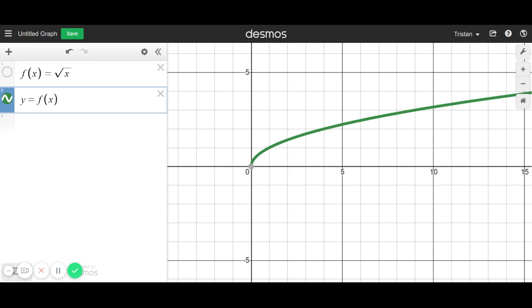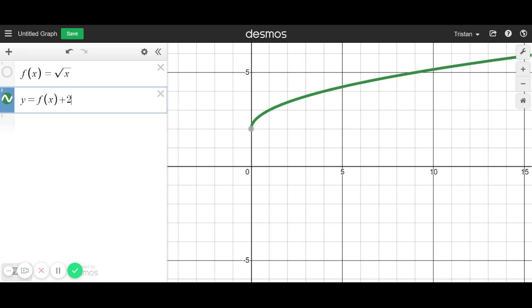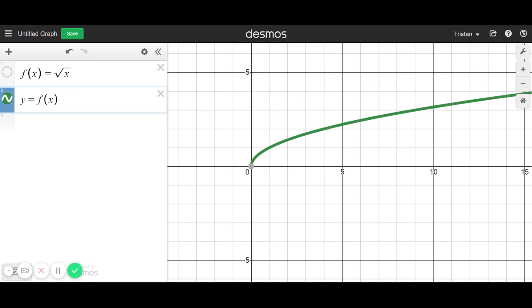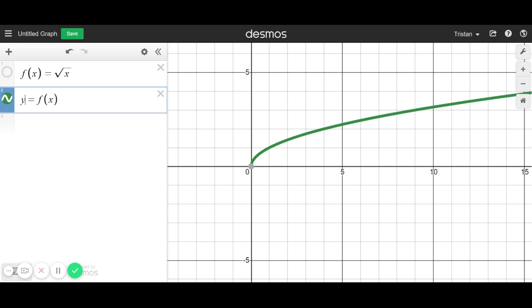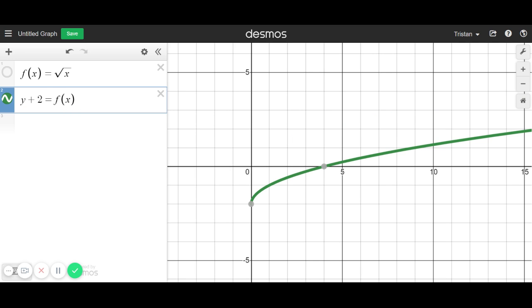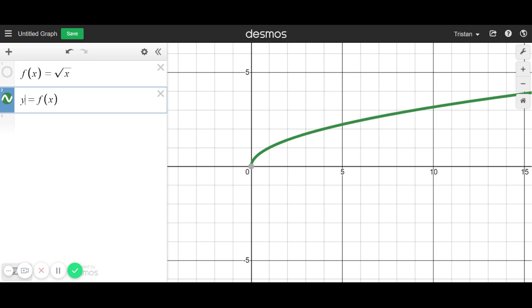Notice that if I have y equals f of x, and I add 2 to the right side of this equation, that takes the function and moves it up, right? If I add 2 to the left side of this equation, that takes the function and moves it down. So adding 2 to f of x versus adding 2 to y has a different impact on the solutions of the equation, and therefore y and f of x must not be exactly the same thing.